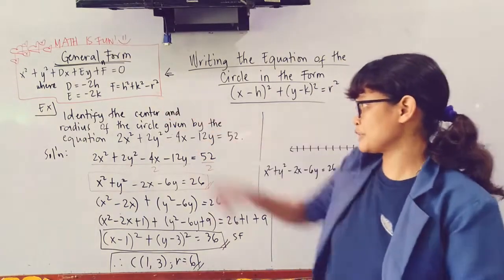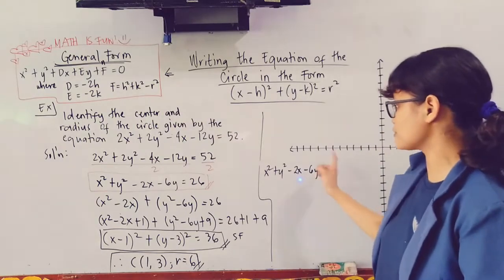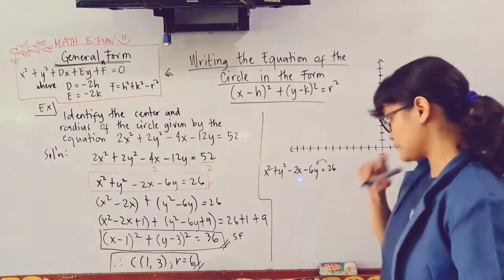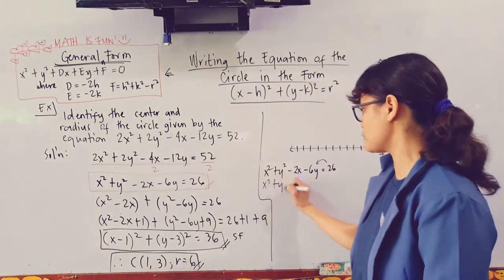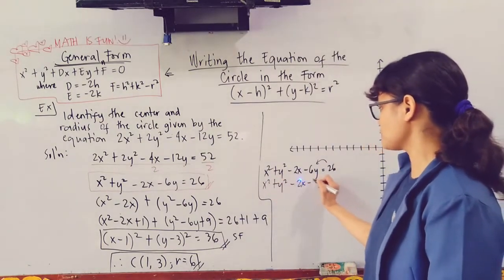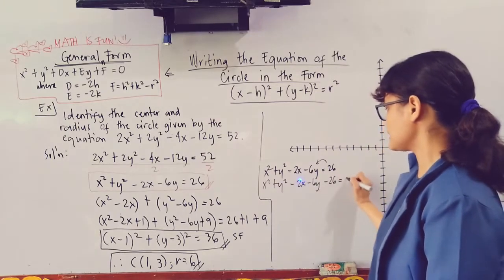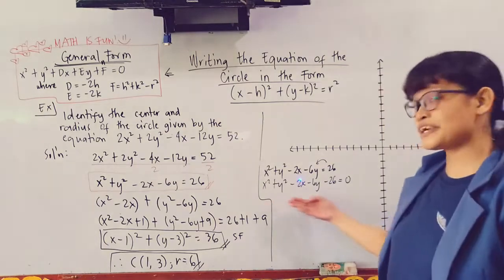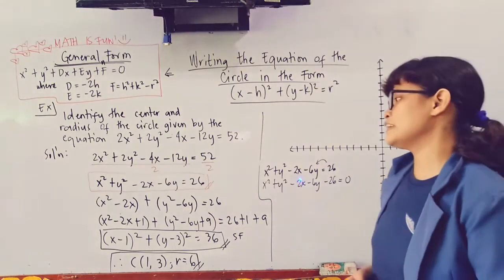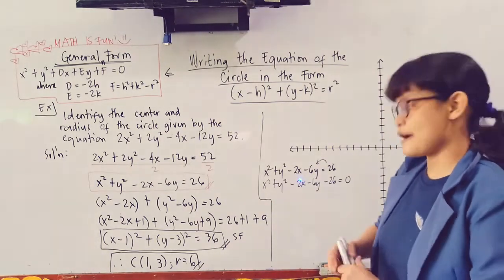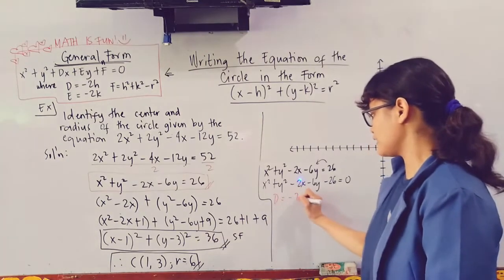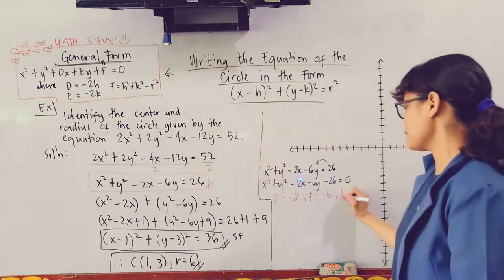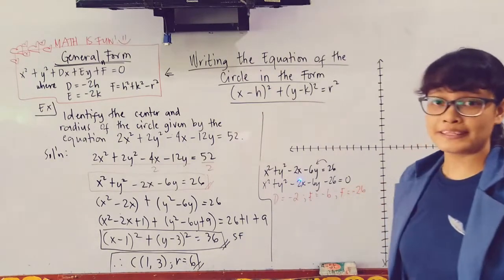Okay, so para magamit natin yung formula na yun, kailangan ilipat muna natin itong constant dito sa loob, because of subtraction property of equality. So ayan, nasa general form na siya. Now we can determine the values of D, E, and F. So your D is -2, your E is equal to -6, and then your F is equal to -26.